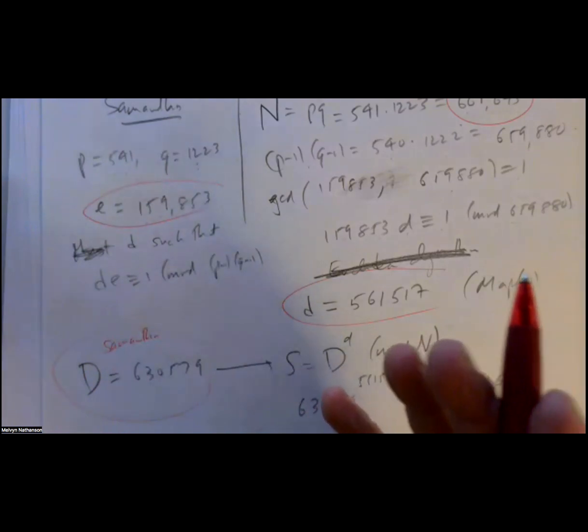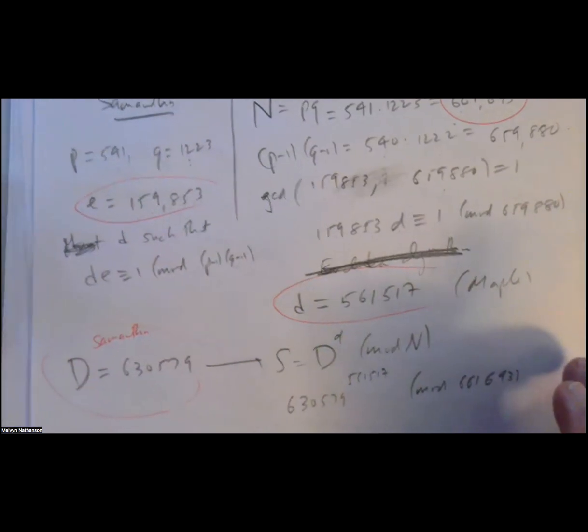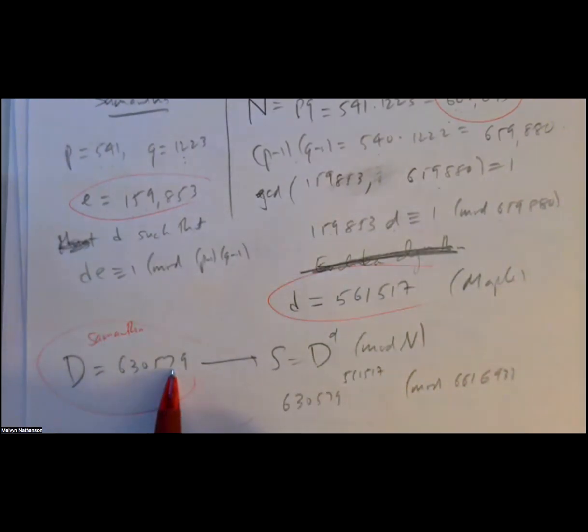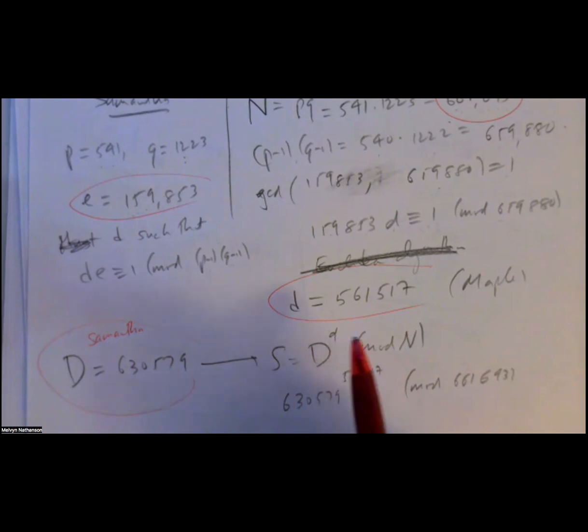But you can't send that number because anyone could send that number, and no one who receives it would know that it's really coming from Samantha. So she encodes this by taking this number and raising it to her secret key D. That means she has 630,579 raised to what we just computed, 561,517, and reduces it modulo this.